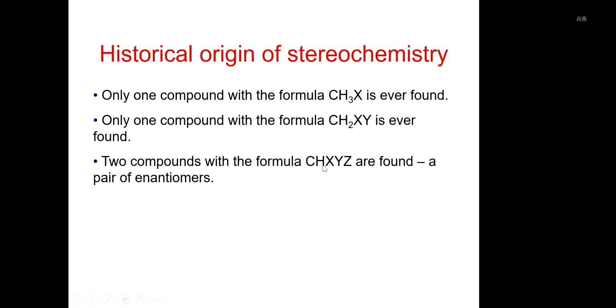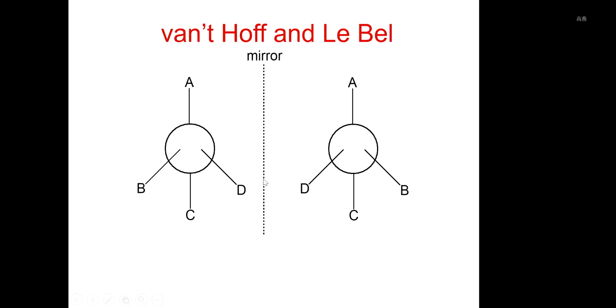So people found that if the carbon atom is connected with 4 different groups, then there are 2 different compounds. They are a pair of enantiomers, actually.